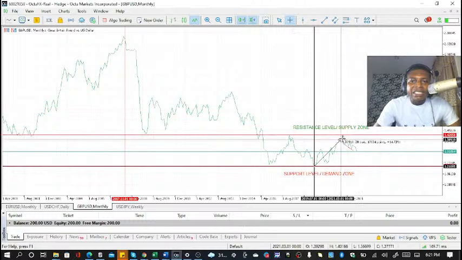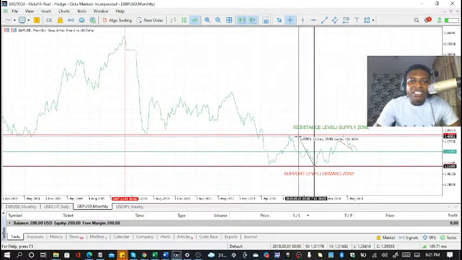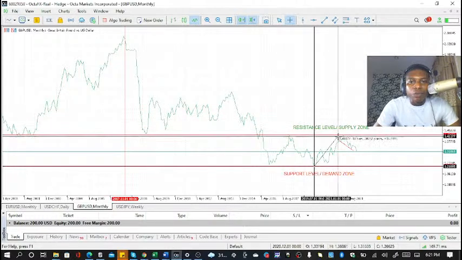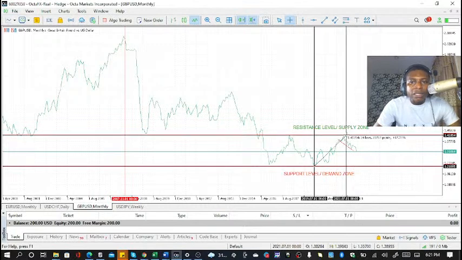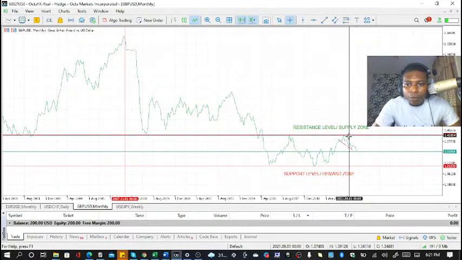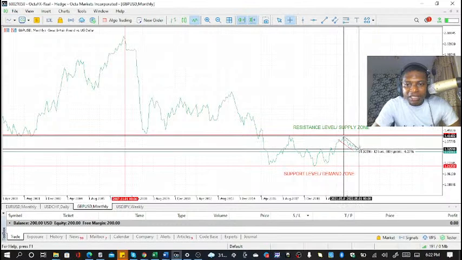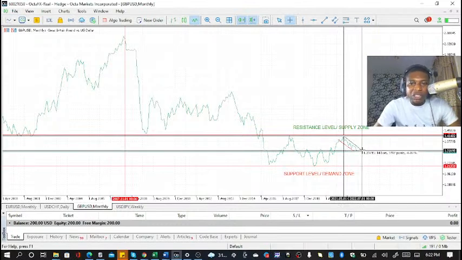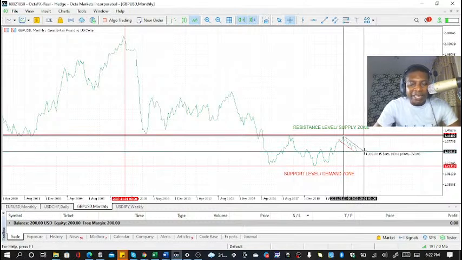Now this level, which is the significant resistance level, the supply zone, became more effective, and sellers sold off again at this zone. Now the question here is: where will this price most likely get to? Because currently it is trading at this level.